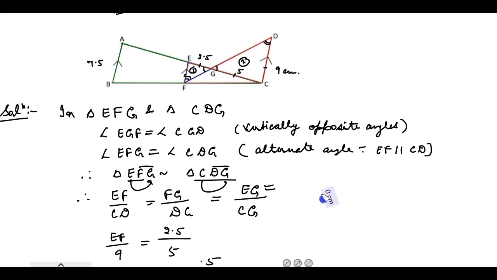In these two triangles, angle C is common and this angle is equal to this angle, corresponding angles, because AB is parallel to EF. And if two angles are equal, it means these two triangles are similar triangles. You can also apply basic proportionality theorem in these two triangles, because a line parallel to AB is drawn in this triangle.